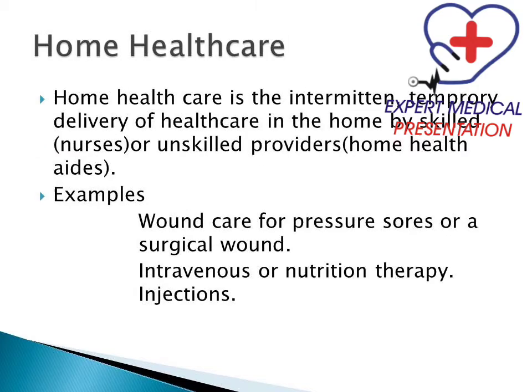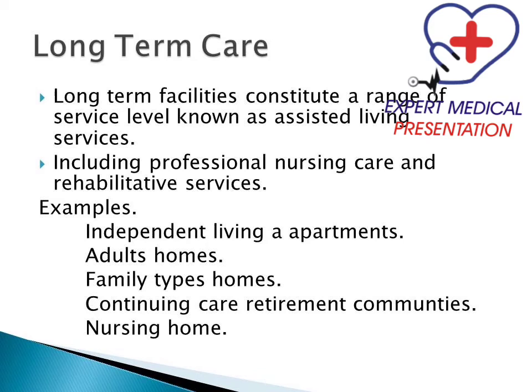Home healthcare. Home healthcare is the intermittent, temporary delivery of healthcare in the home by skilled nurses or unskilled providers, such as home health aides. Examples: wound care for pressure sores or a surgical wound, intravenous or nutrition therapy, injections. Long-term care.